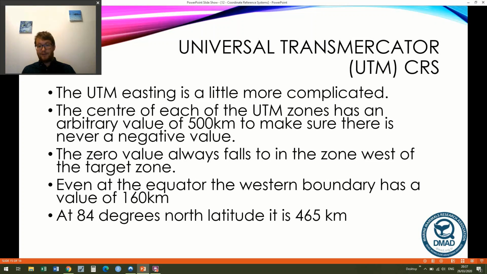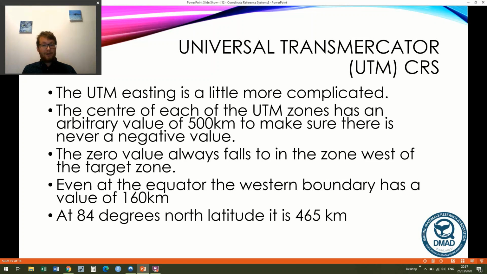So the center of zone 34 has an arbitrary value of 500 kilometers, the center of zone 7 has the same, and that's just so that the zero value is never inside your UTM zone. So if I'm working in UTM zone 16, then my zero value is going to fall in UTM zone 15, so it's going to fall outside my UTM zone.